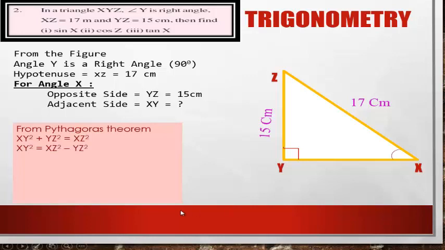Now XY square equals XZ square minus YZ square, that is 17 square minus 15 square. 17 square means 289, 15 square means 225, that is 289 minus 225, that is 64. XY is the square root of 64 and finally XY is 8 centimeters.